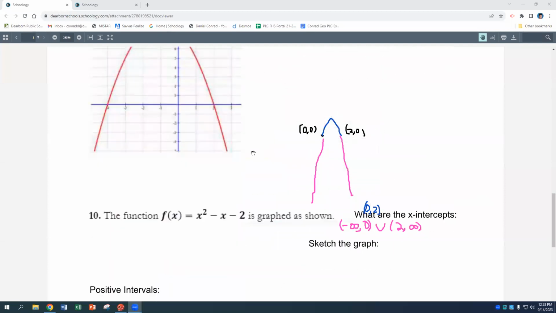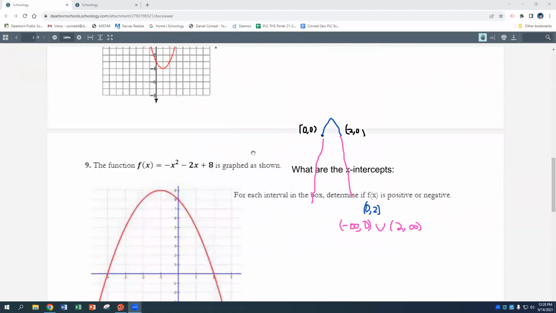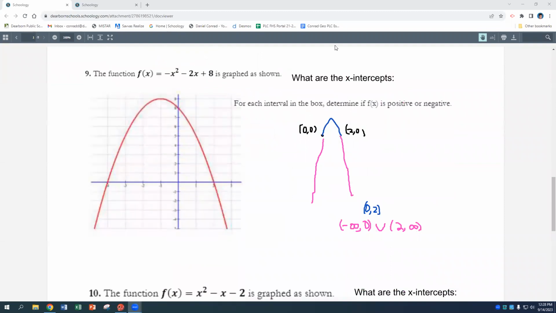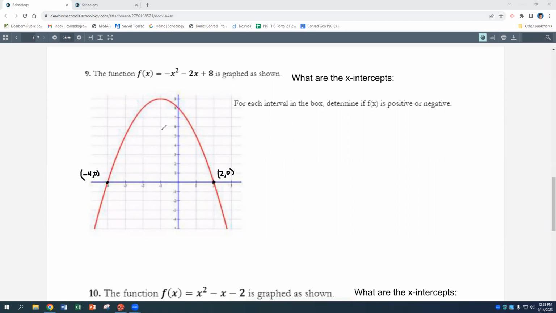All right, let's try this one here. My x-intercepts are negative 4, 0 and 2, 0. We're going to start negative, below the x-axis. So we start at negative infinity and go all the way until -4.